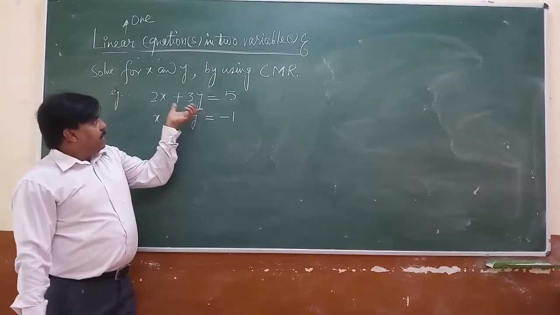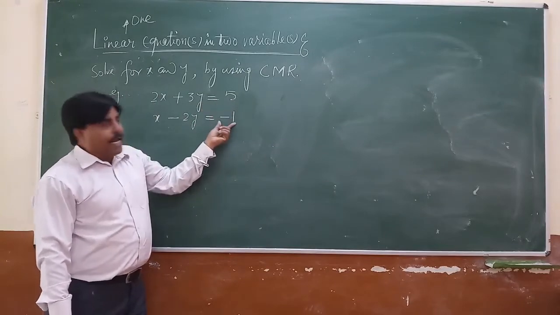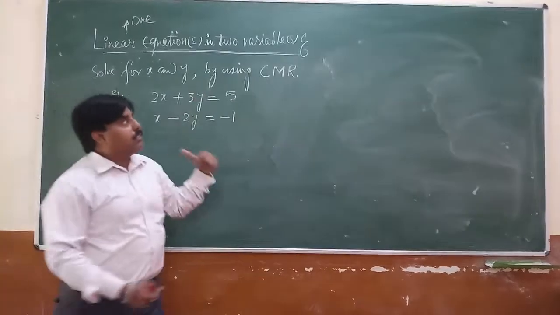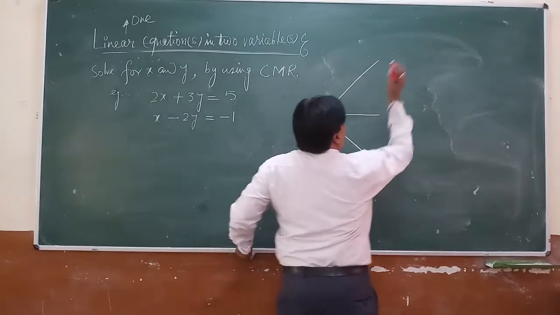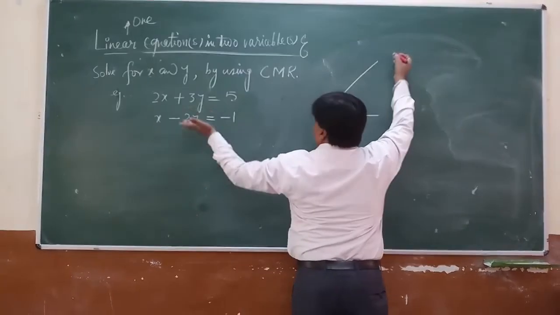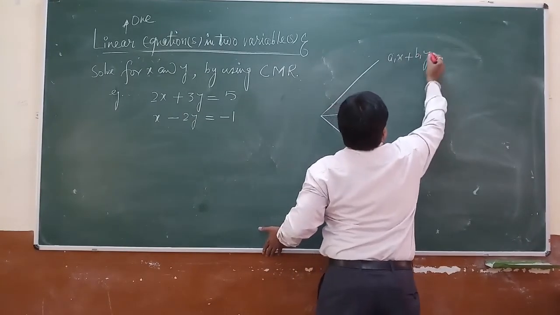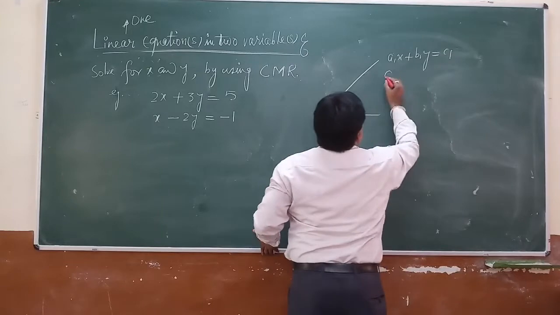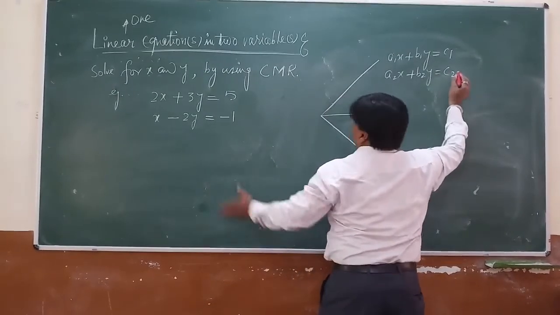See, in the equations here, both constants I am taking on the right hand side. But there are three different ways. In general, the equations in a system may be like a1x plus b1y is equal to c1, a2x plus b2y is equal to c2. This is the first case.